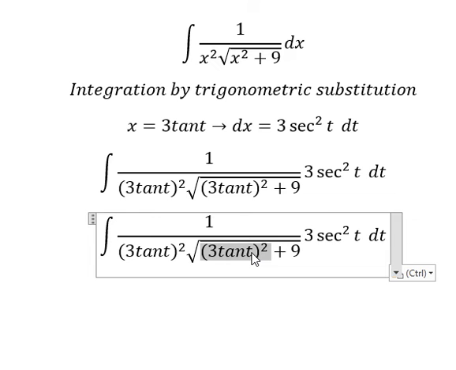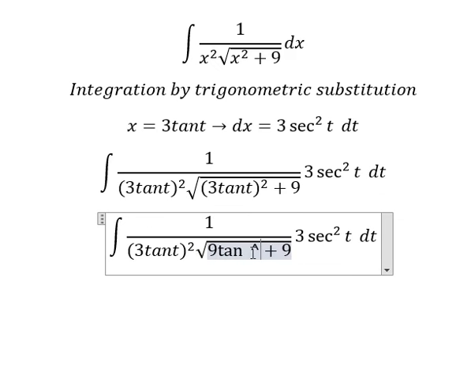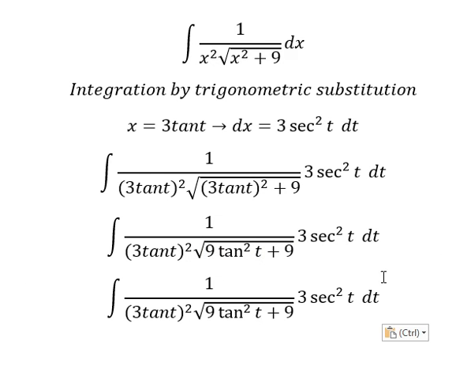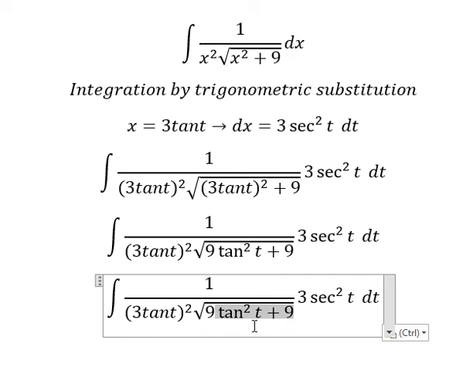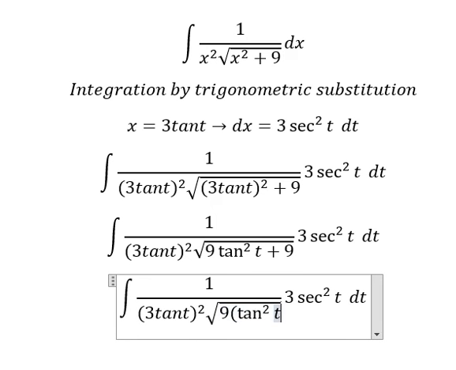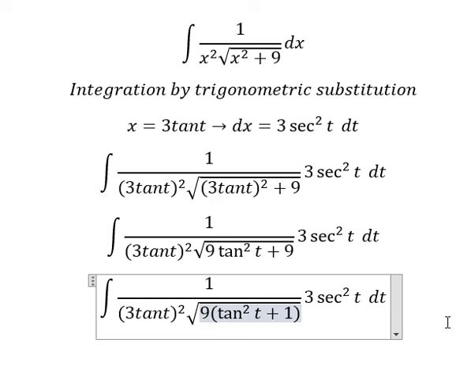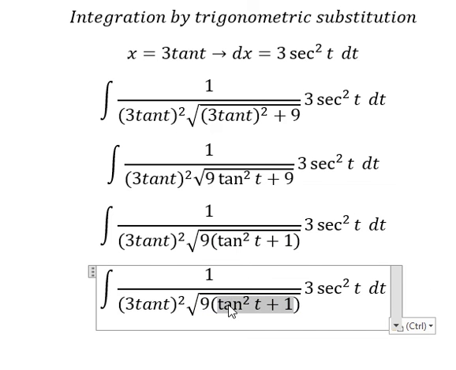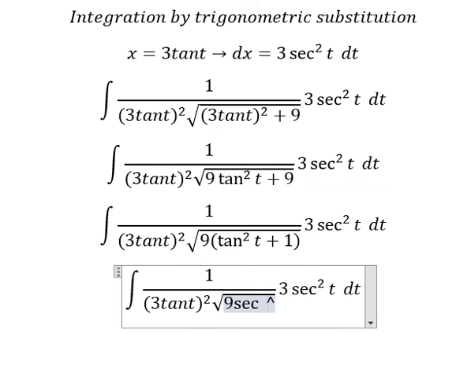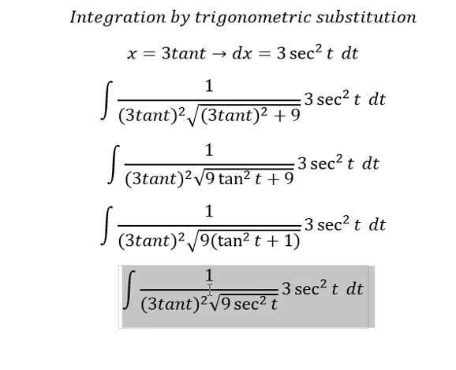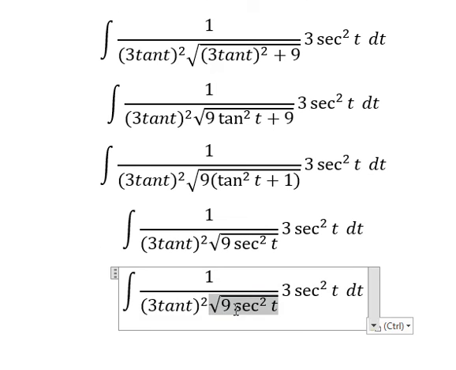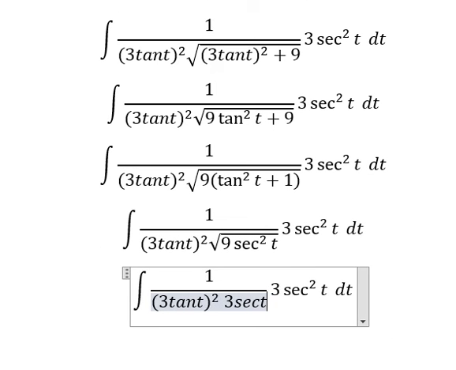So here we have 9 tan t squared, plus 9. We can do factorization, which gives secant of t squared. The square root of this one is 3 secant of t.